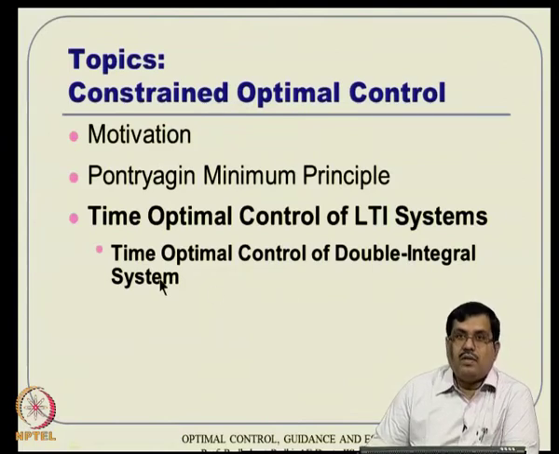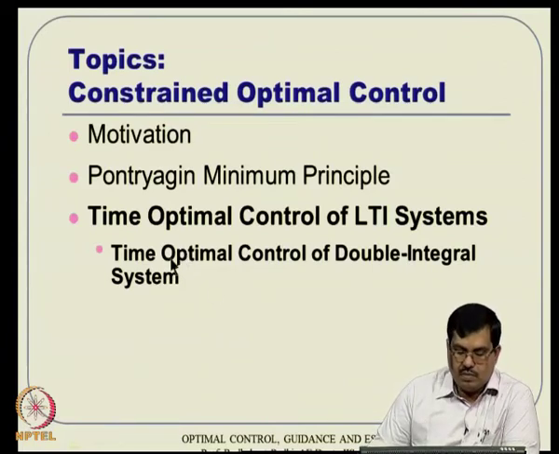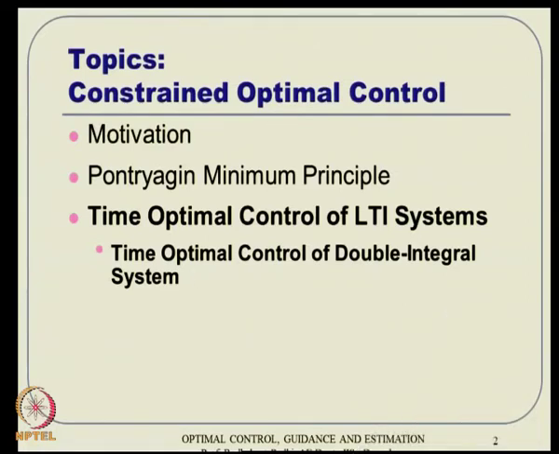Towards the end of this lecture we will take time optimal control of the double integral system, a very standard benchmark problem, and demonstrate how to get the control for this double integral system in closed form, and that too in a state feedback sense. So, we will see that.